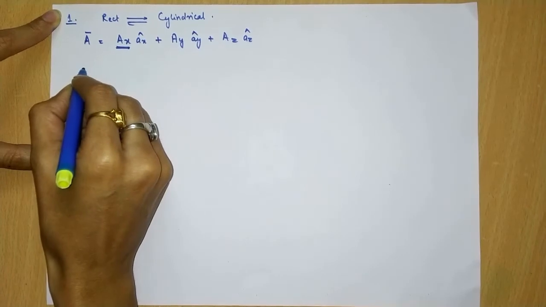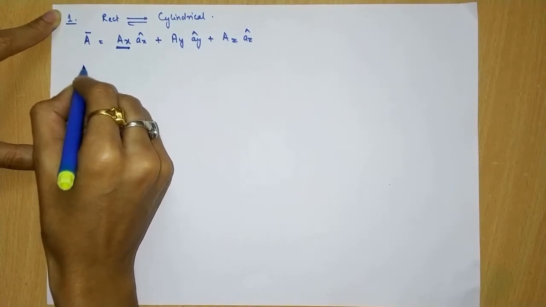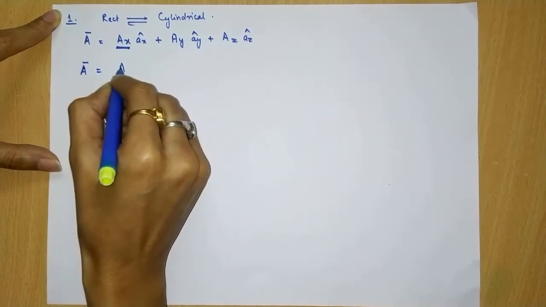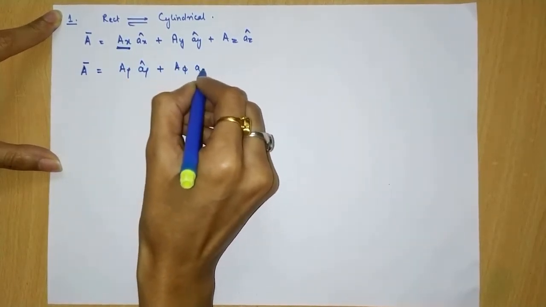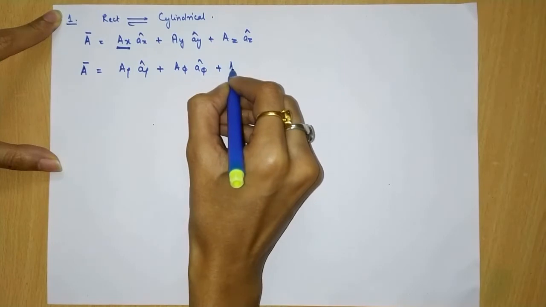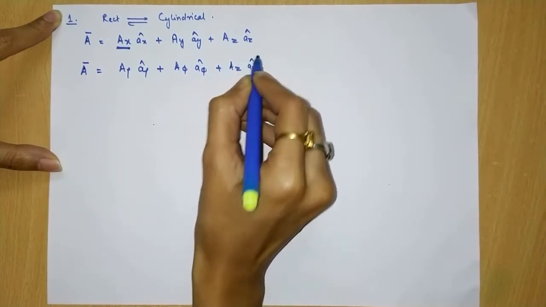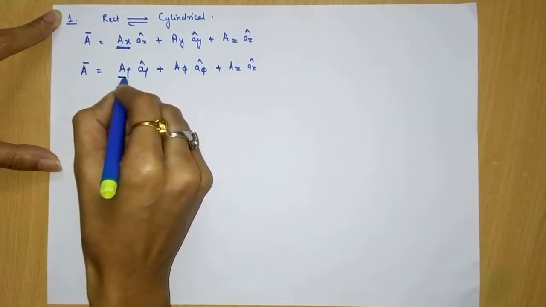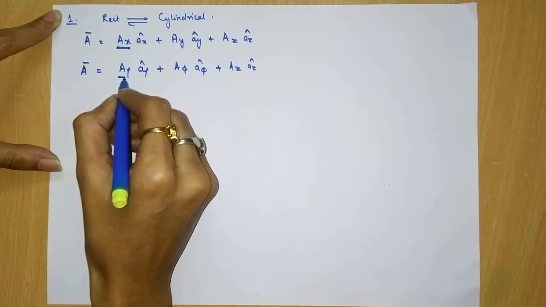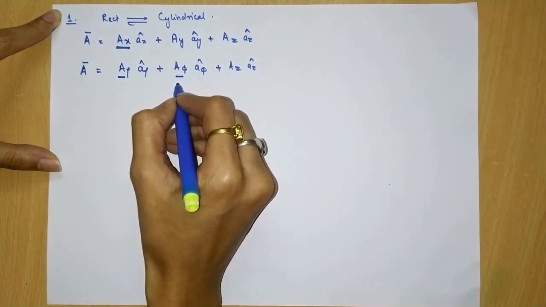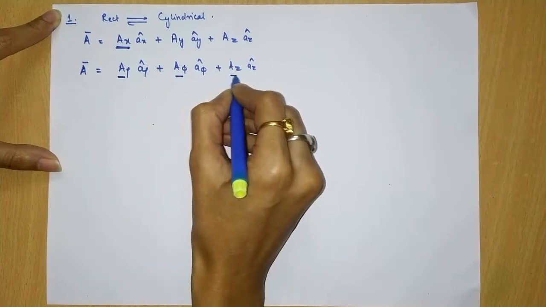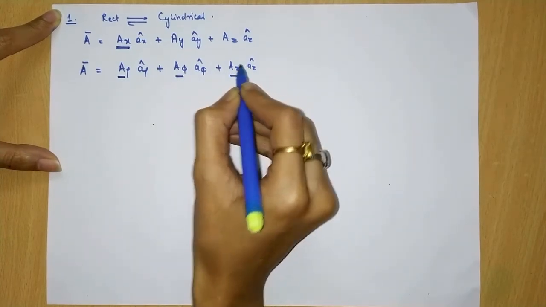Similarly, in cylindrical coordinates, we represent any vector A as Arho rho cap plus Aphi phi cap plus Az z cap. This represents the length of the vector along rho, that is the radius. This is the length of the vector along phi, and this is the length of the vector along z.